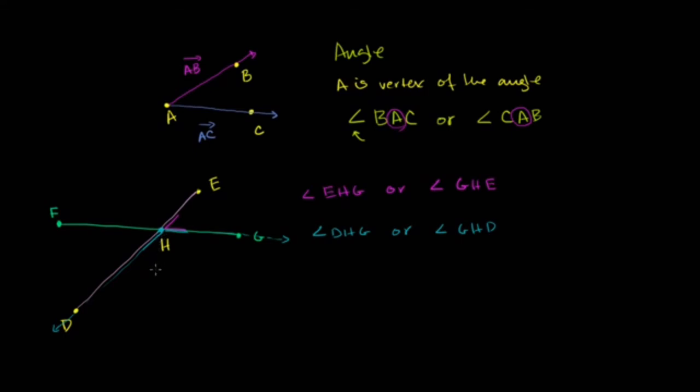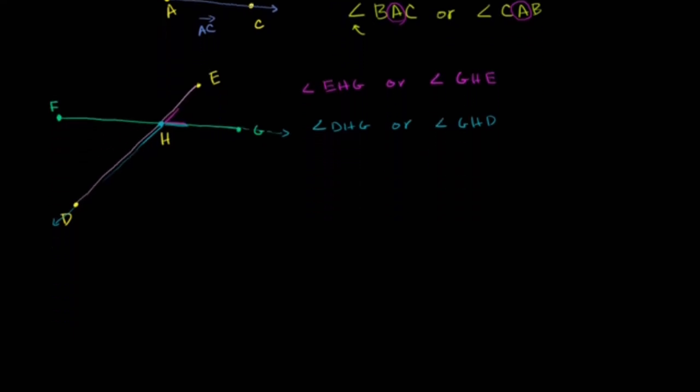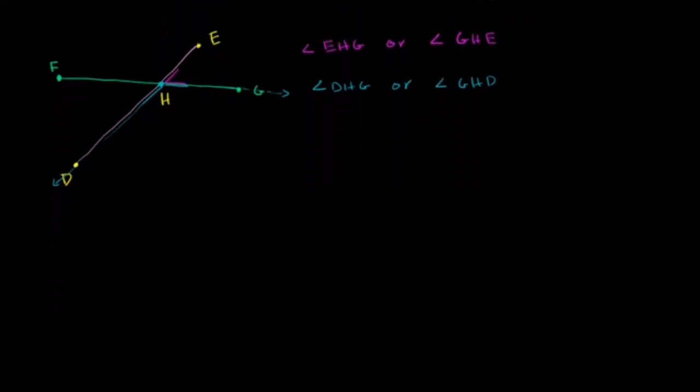Now that we have a general idea of what an angle is and how we denote it with symbols, the next thing you might be curious about is that it doesn't look like all angles are the same. Some angles open up or are more open than others, and some are a little bit more closed in, and that actually is the case. So for example, let's take two angles here. Let's say I have one angle that looks like that. So I'll start reusing letters.